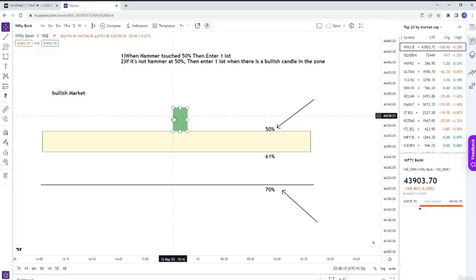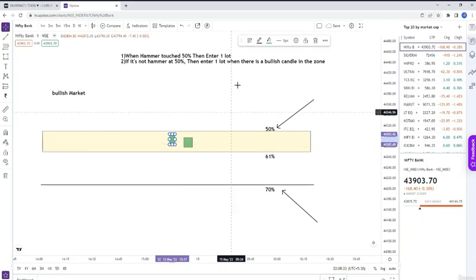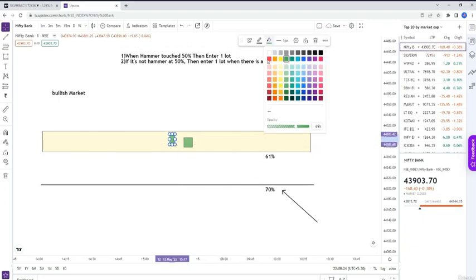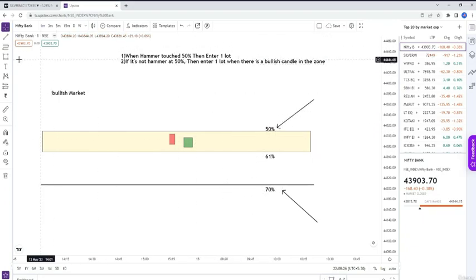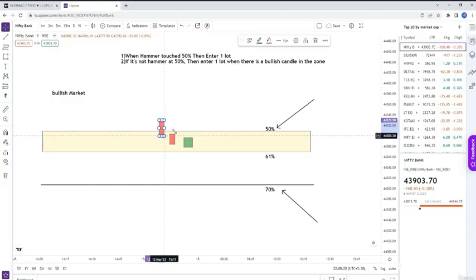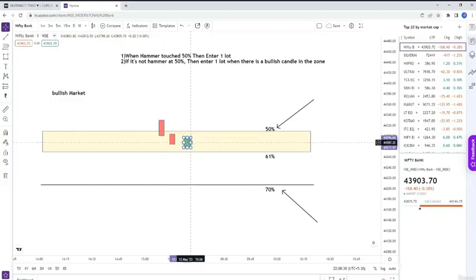But let's say a second scenario is like this. A bullish candle forms inside the zone. Some bearish candles are there before this, entering the zone. So the first bullish candle which is formed inside the zone, I enter my one lot here.